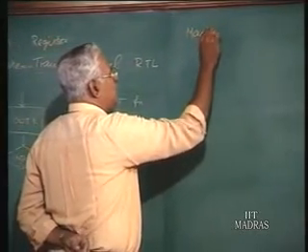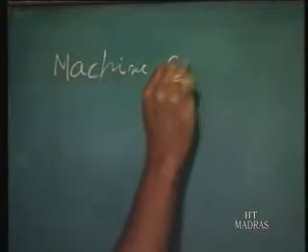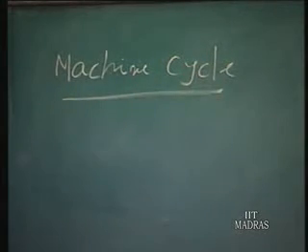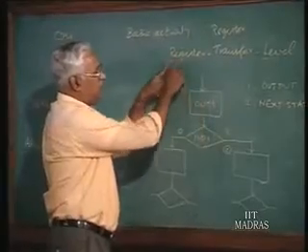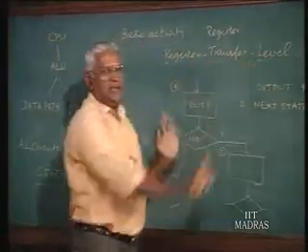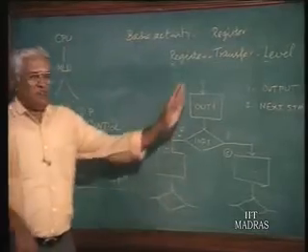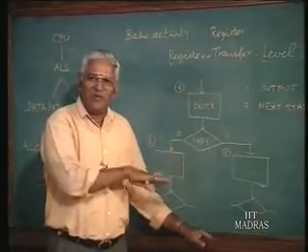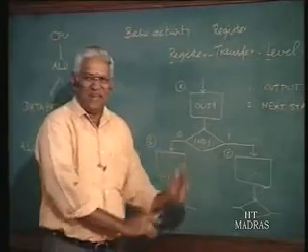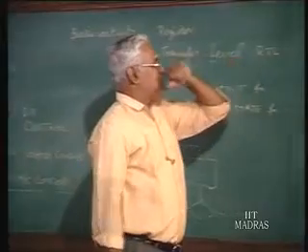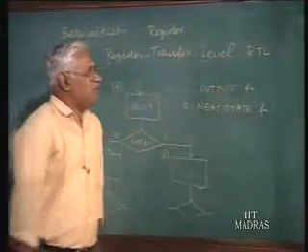We have seen what is taking place during a state. In every state it is going to be involved in some RTL activity. If you have not got a right picture of what exactly the register transfer is, you will come to that later. It's some basic activity at the lowest level. So we will go to the next level. What is that machine cycle? What is the CPU doing?